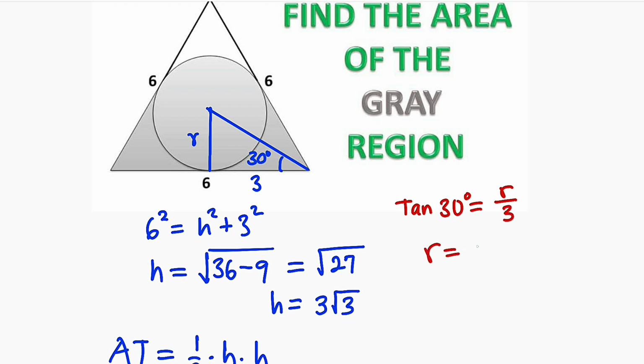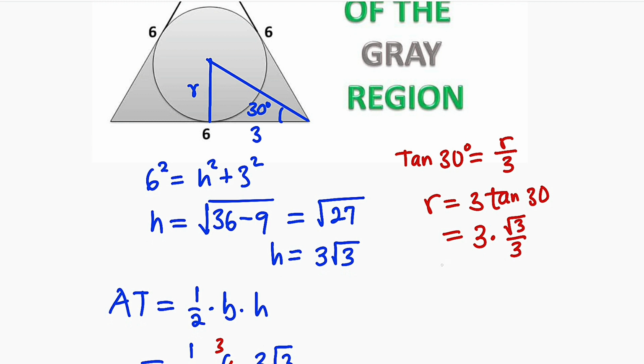r is equal to 3 multiplied by tan 30 degrees. This is equal to 3 multiplied by root 3 divided by 3, since tan 30 degrees is the same thing as root 3 divided by 3. These 3's will cancel, leaving only root 3. Therefore, radius is equal to root 3.